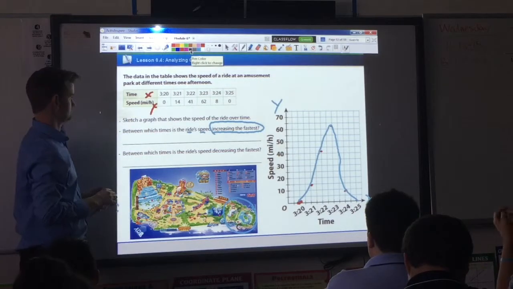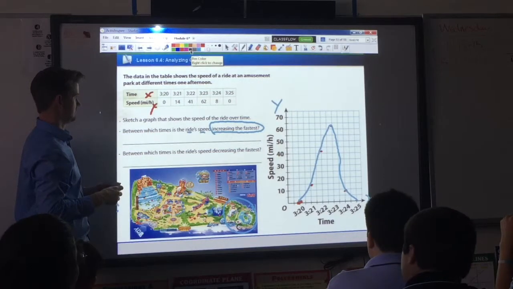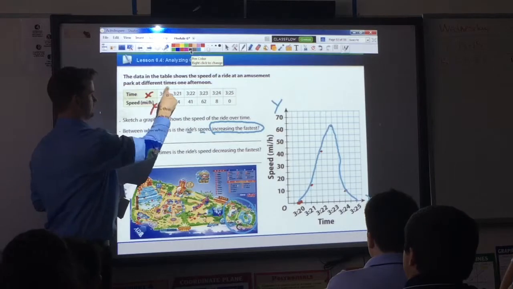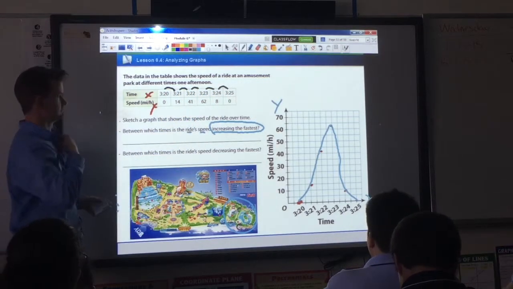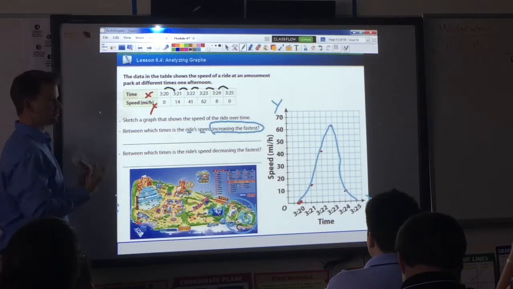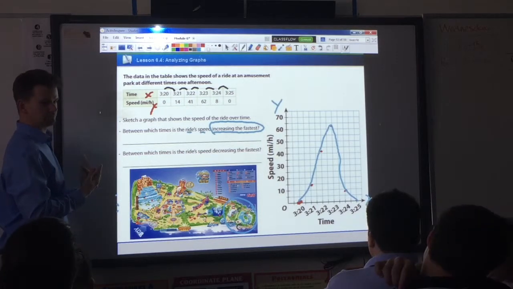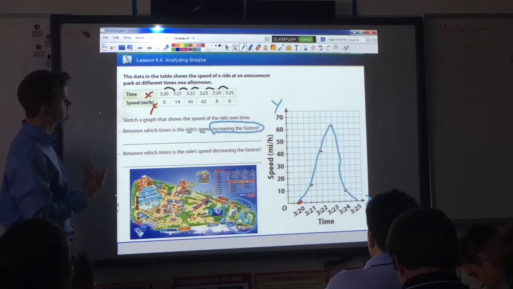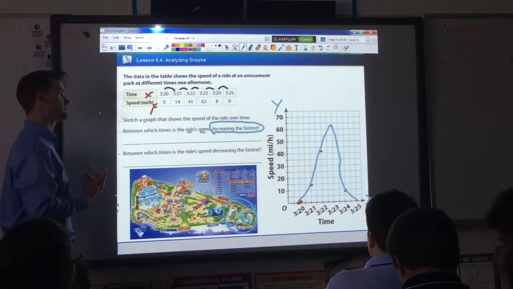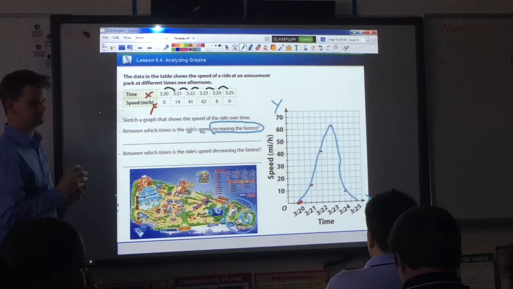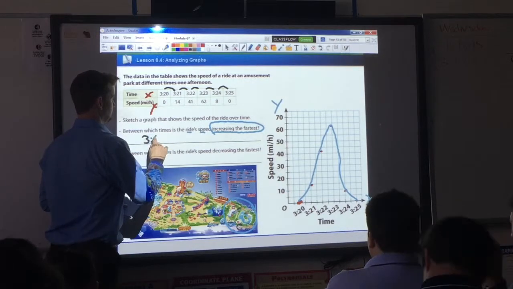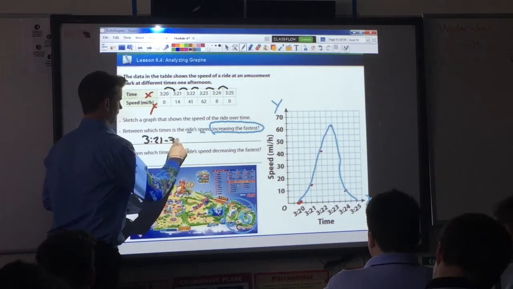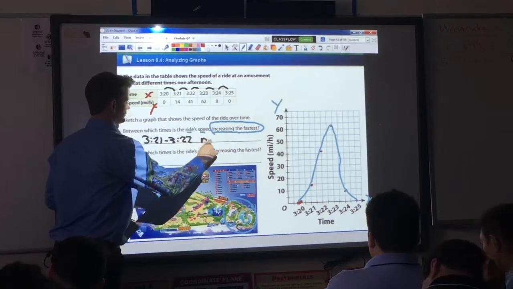Narrow it down. Narrow down the scope of the problem. Increasing the fastest, it's 321 and 322. Perfect.